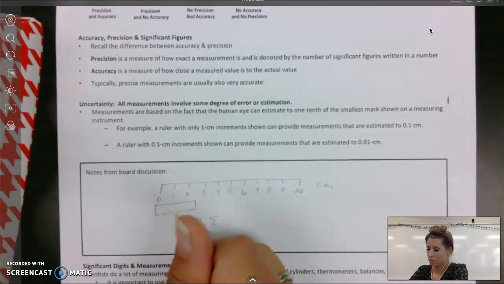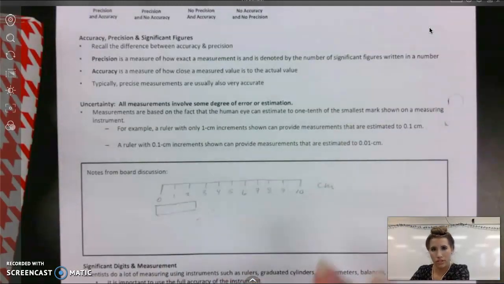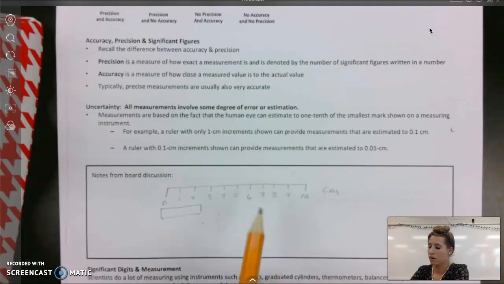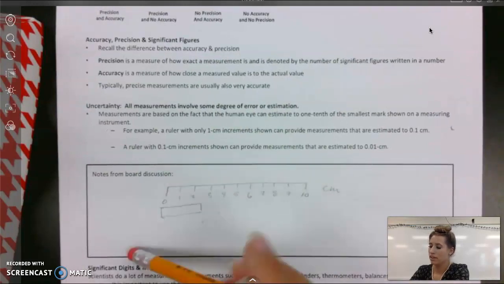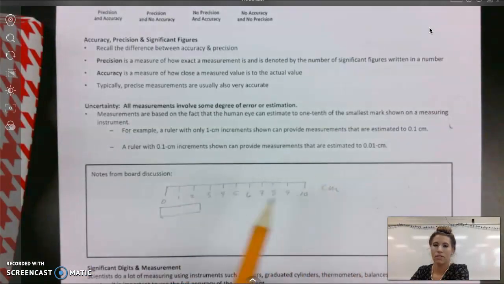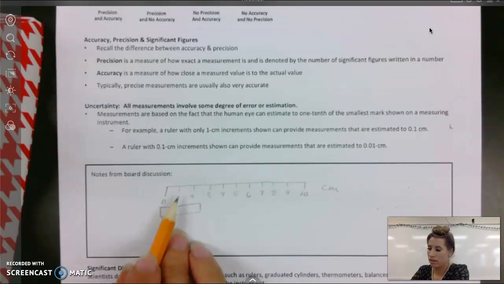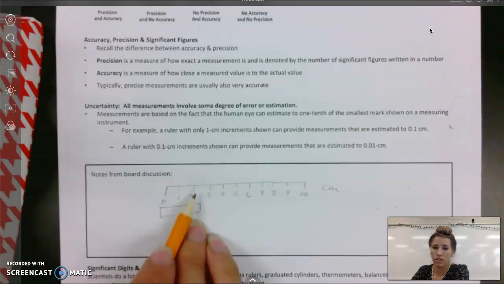Now, certain digits are digits that it is clearly and accurately past a calibration point. Okay? So when I look at this object, I know with certainty it's past this 1 calibration mark. And I know with certainty that it's past the 2 calibration mark.